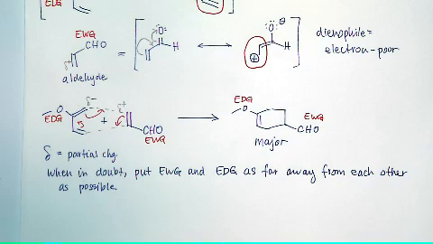Do they ever go near each other? No, the problem is you don't always have an electron donating group and an electron withdrawing group in the right places. In examples I'm going to give you, they will be in the right places.